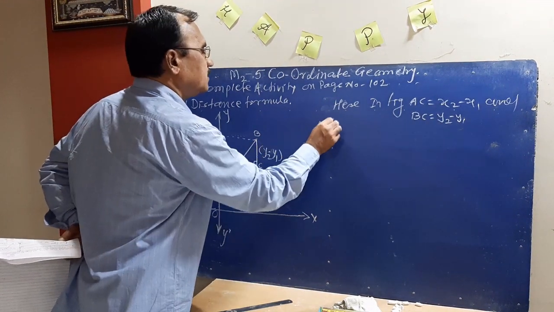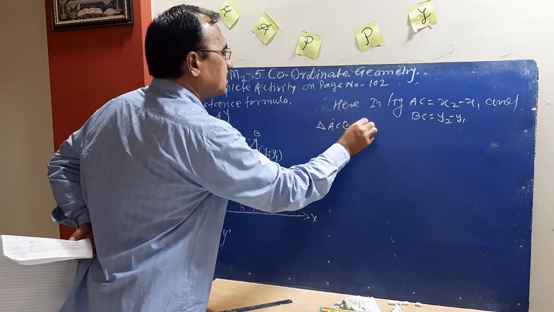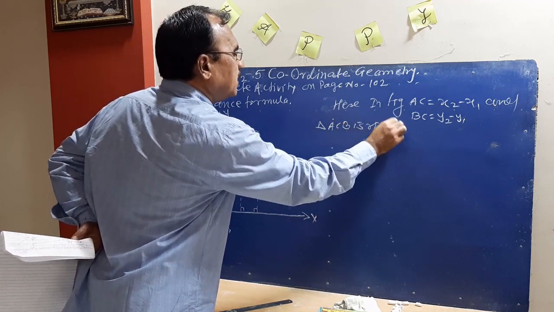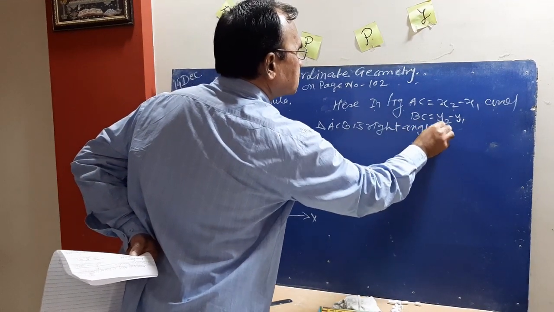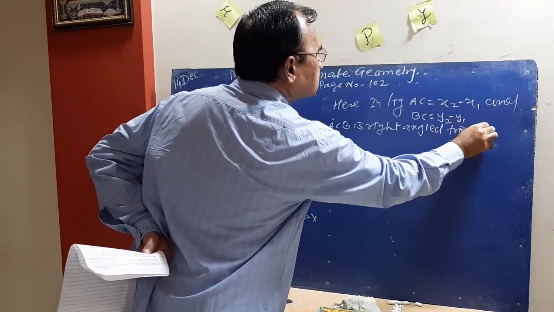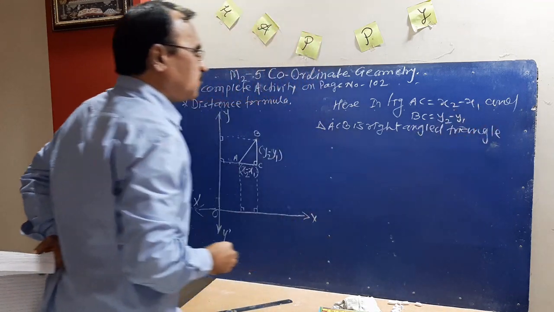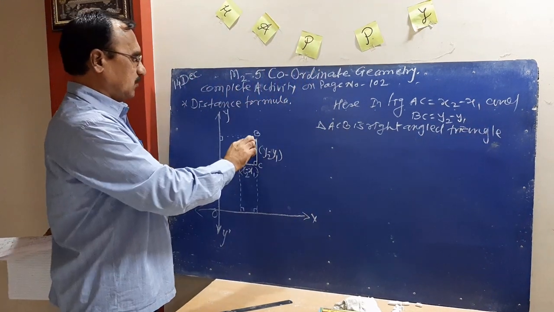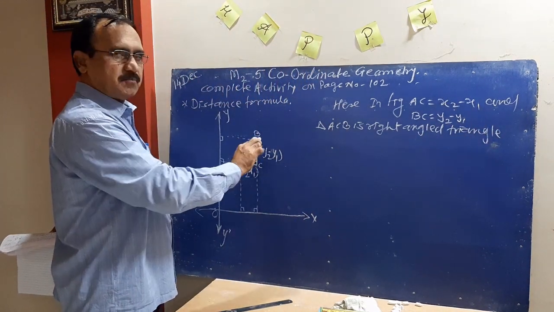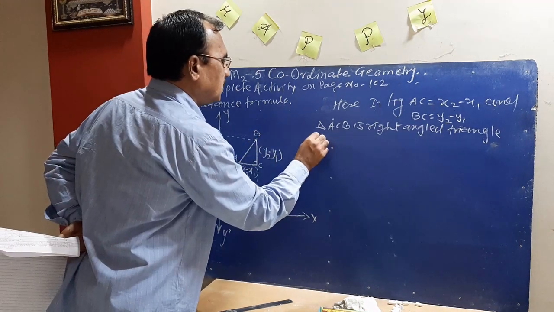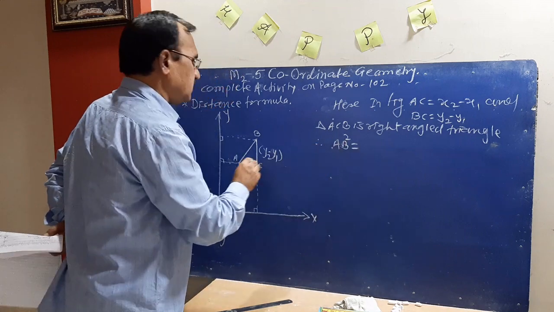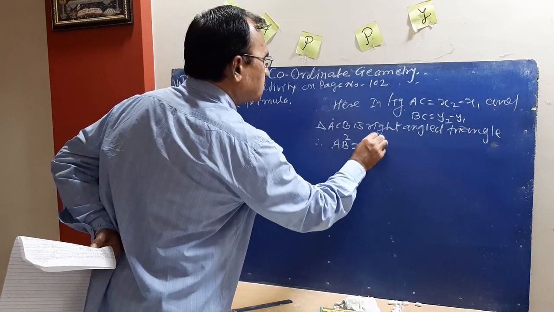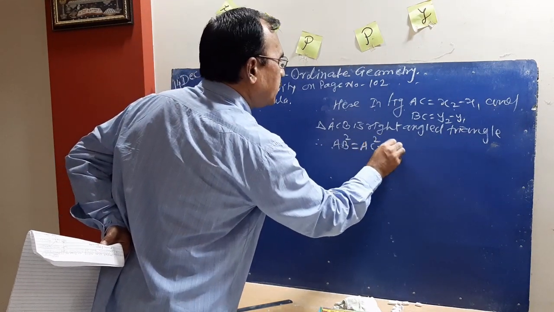Triangle ACB is a right angled triangle. And therefore by Pythagoras we can write AB square is equal to AC square plus BC square.